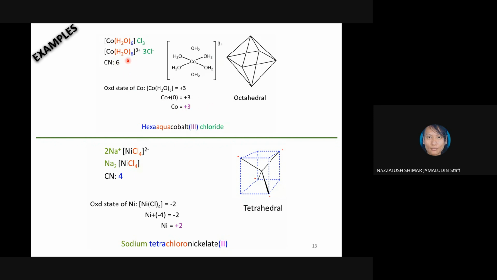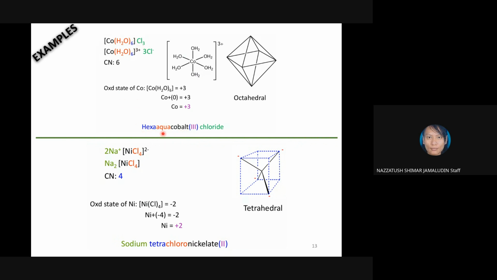When you name this compound, does cobalt belong to the cationic or the anionic sphere? Cationic. So the metal here cannot be cobaltate. It has to be cobalt.